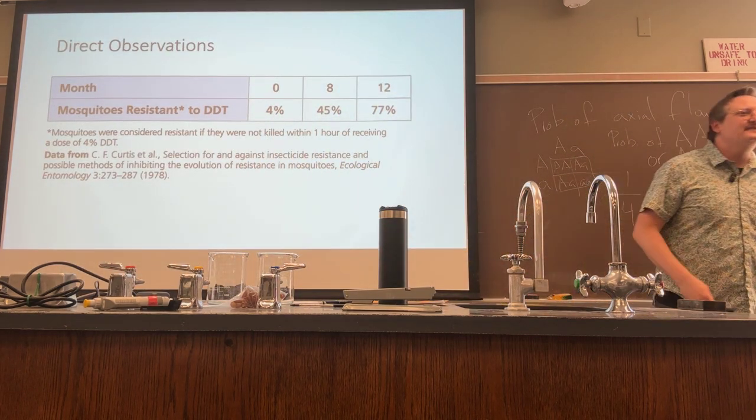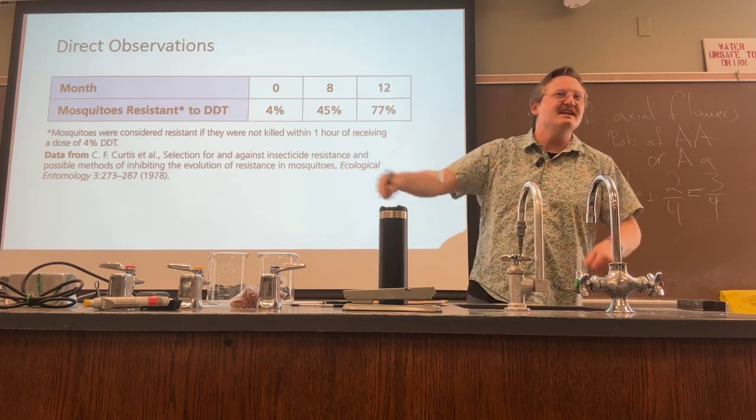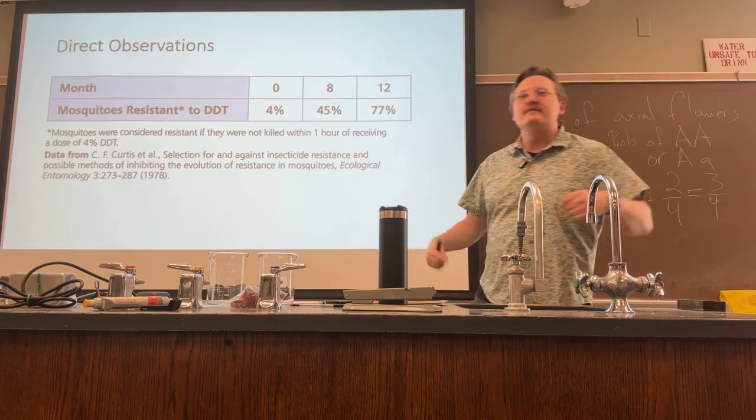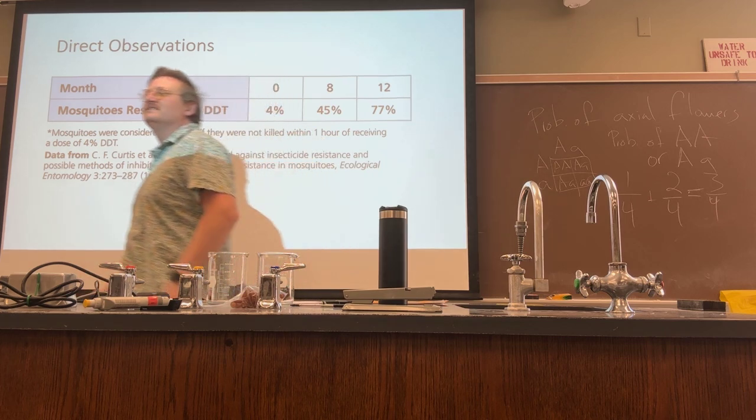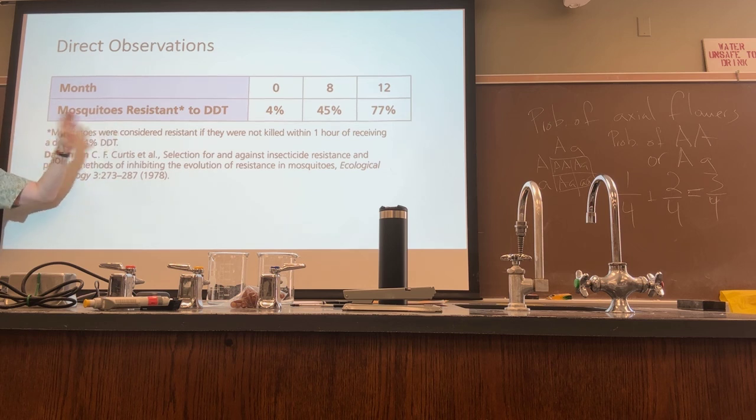There's a lot of observations to support evolution exists. You start spraying poison on mosquitoes, you spray DDT on them, and over time, the population becomes more and more resistant to the poison. All right? Direct observation indicating evolution, really a natural selection sort of process, even though the poison being sprayed is done by humans.